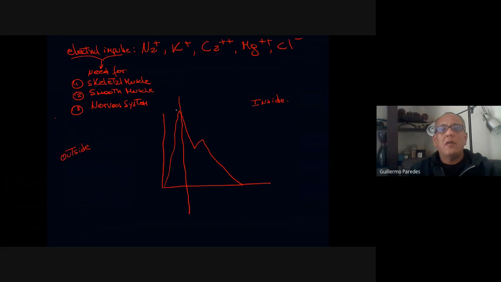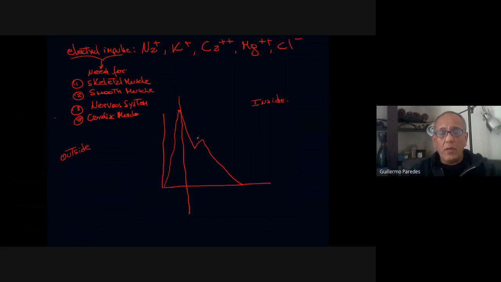Okay, so here is what happens inside. Imagine this is what happens inside the cells of the smooth muscle, cardiac muscle, striated muscle, and the nervous system. Okay, you can put cardiac muscle here as well. So there are many components that are going to use this.